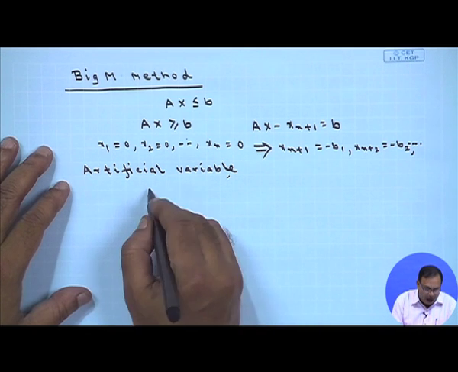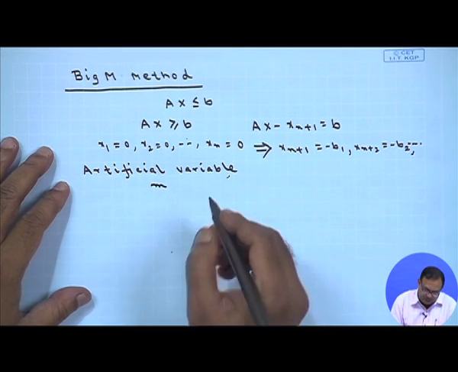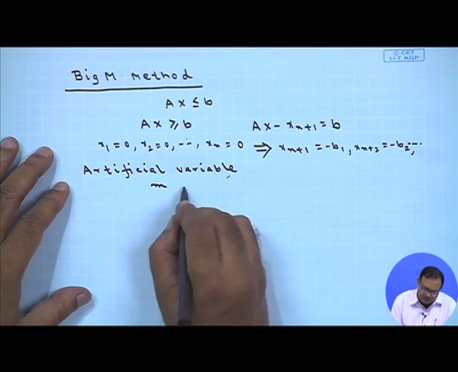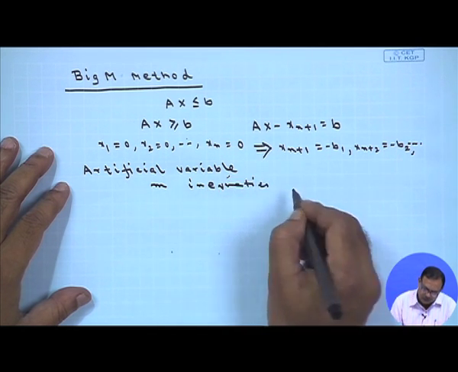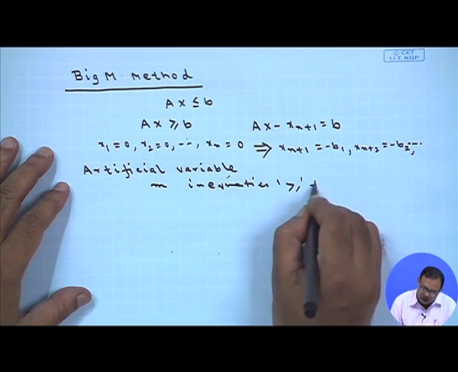So, actually what happens, suppose you have m inequalities of greater than equals type.